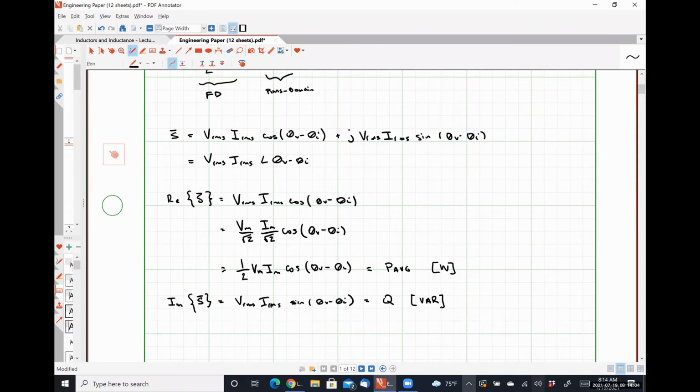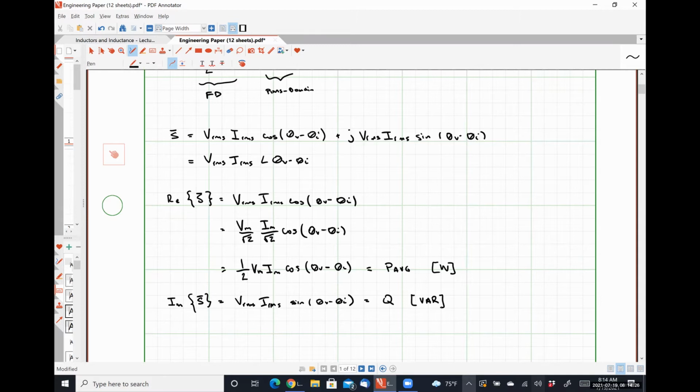So when we talk about power factor in 7 or 8 minutes or whatever, maybe that'll help things out as well, because power factor is all about the efficiency of a system, meaning how much power you're generating that can do work compared to how much power you're generating in total.